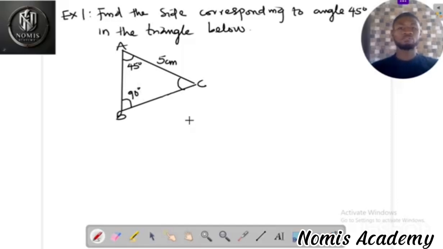So this is the triangle below. Find the side corresponding to angle 45 degrees in the triangle below.